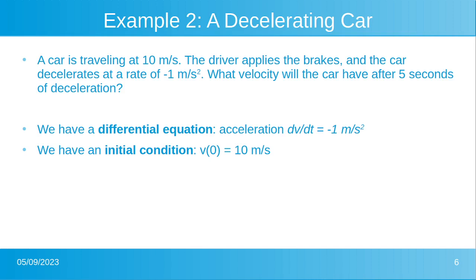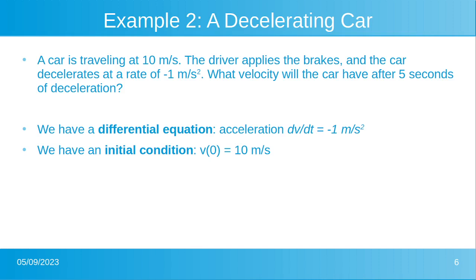Looking at this information, we have a differential equation. Our acceleration dv/dt, which is the change in velocity per unit time, is equal to -1 meters per second squared from our question definition.